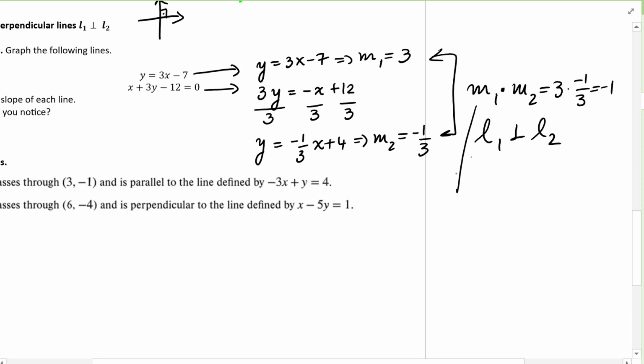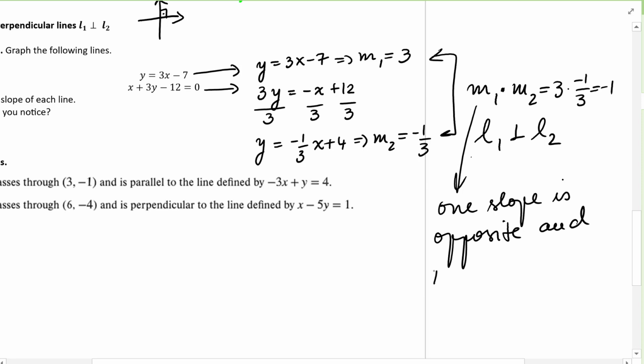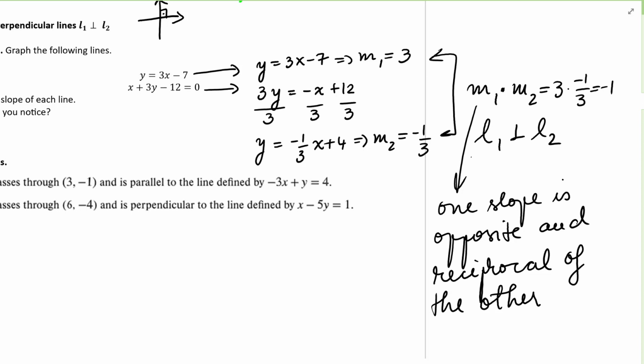What this means is also that one slope is opposite and reciprocal of the other. If that happens, the lines are perpendicular, and you can notice that this slope is positive, this one is negative, it's opposite.